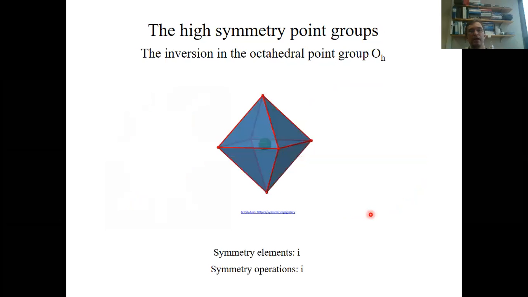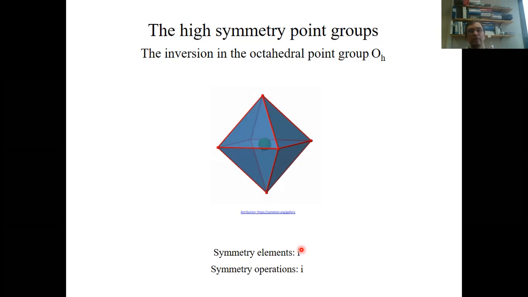Then in addition to that, we also have an inversion center in the middle of the octahedron. As we carry out the symmetry operation, we move all the points through the inversion center to the other side. So we can only have one inversion center per object, and we can only have one symmetry operation associated with each inversion center.